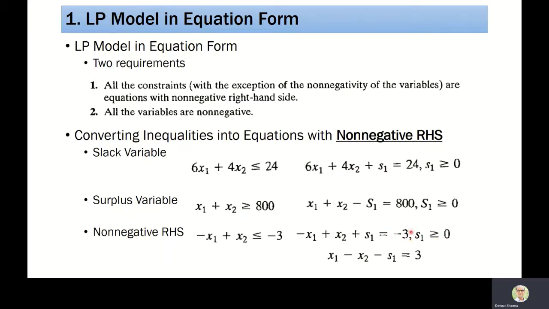Currently the right hand side is minus 3, which is negative, and one of the conditions is that we should have a non-negative right hand side. So we multiply by minus 1. This gives x1 minus x2 minus S1 equal to 3. So we get a non-negative right hand side, and the slack variable we added earlier now becomes minus S1.